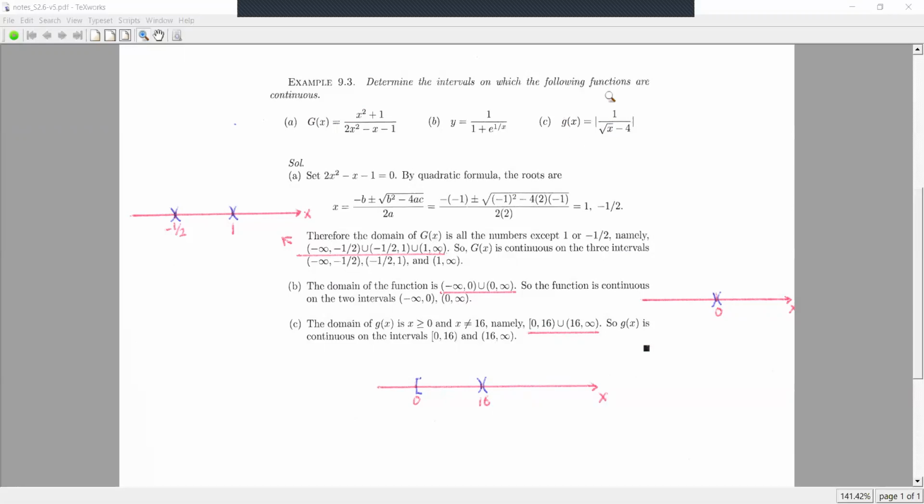So therefore, the domain of this function is the union of these 2 intervals. So the function g, this function, is continuous on these 2 intervals.